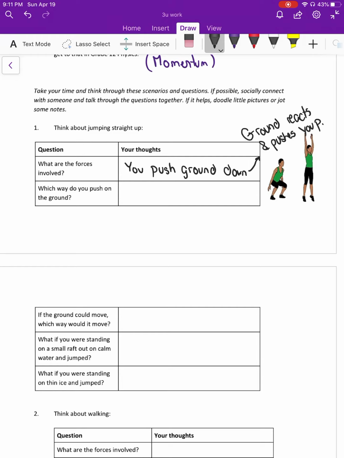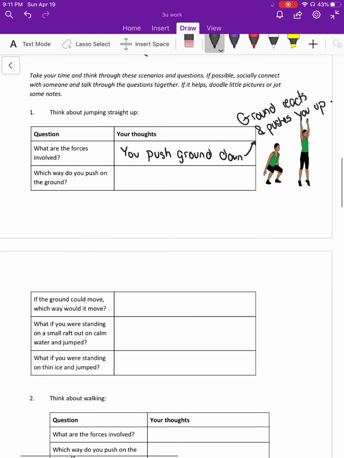That's our action, action and reaction pair. You push the ground down, that's the action. The ground reacts and pushes you up, that's the reaction. So maybe a bit of overlap. Which way do you push on the ground? You push the ground down.